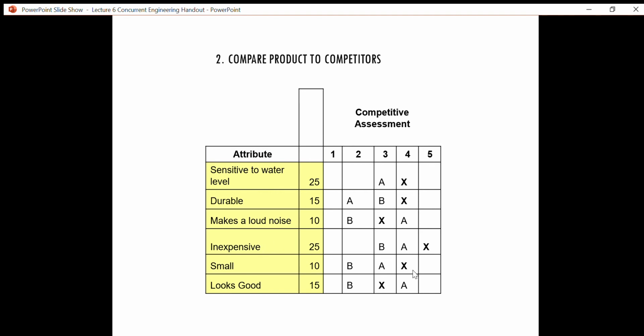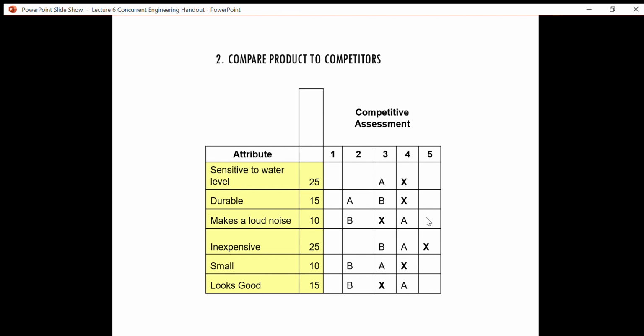Even though company A is better, its price is quite expensive, look good, expensive, make a lot of noise. This one is very good, but we need to consider from the survey that the price becomes priority, and then the sensitivity also becomes priority.